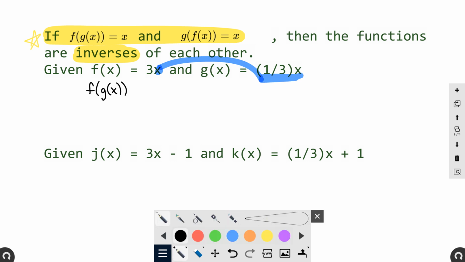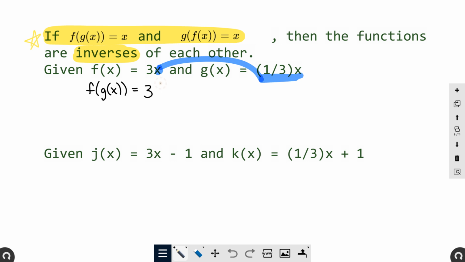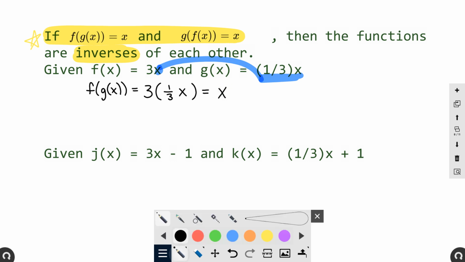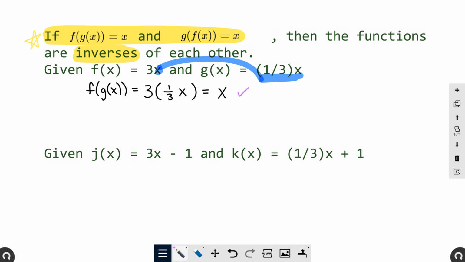So if I replace, I have 3 and then parentheses, and I'm going to put g of x in that parenthesis, which was 1/3 x. Well, what is 3 times 1/3 x? X. And that's our first thing that we want to check. Check f of g of x equals x.